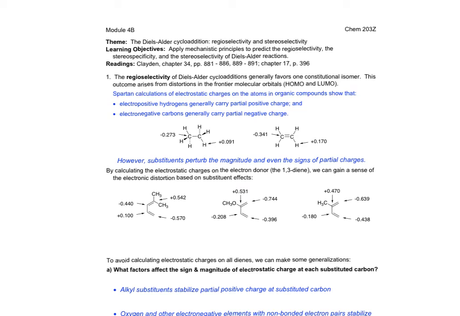This Module 4B video begins in Part 1 by describing the regioselectivity of Diels Alder cycloadditions favoring one constitutional isomer.